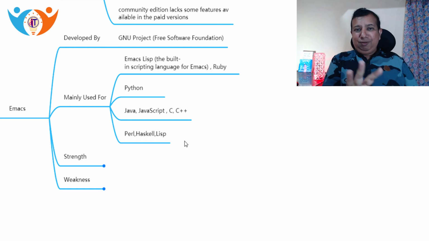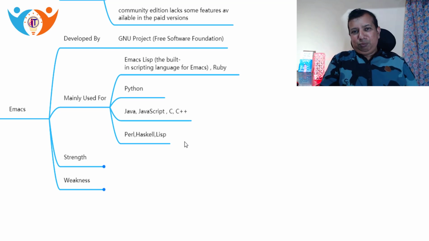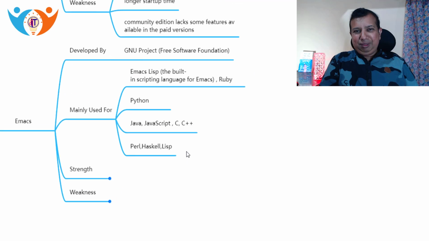If you look at the top 5, Lisp is mainly supported on Emacs. So if you want Lisp programming, or if you are writing programs for AI engines, Lisp is useful, and to use Lisp, Emacs is one of the most powerful code editors. What are the strengths of Emacs? It has an extensive plugin ecosystem.